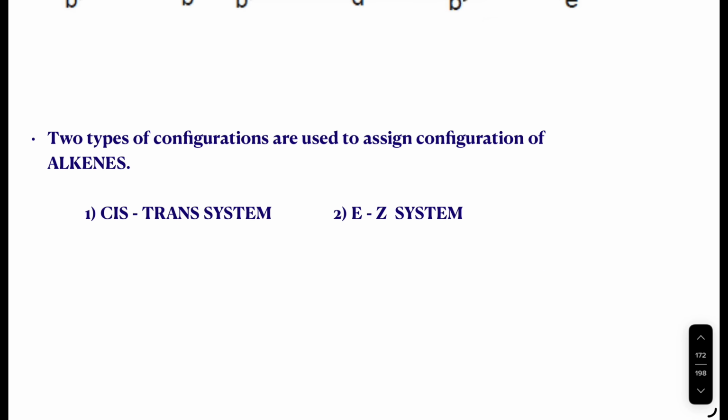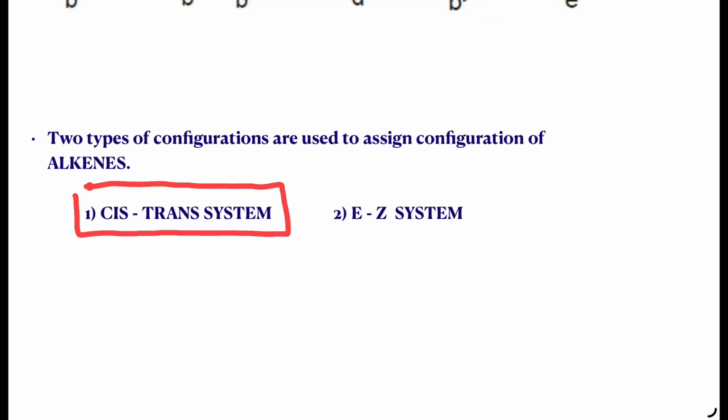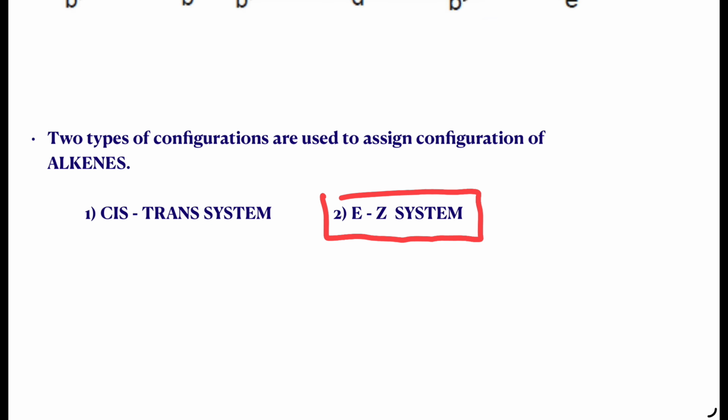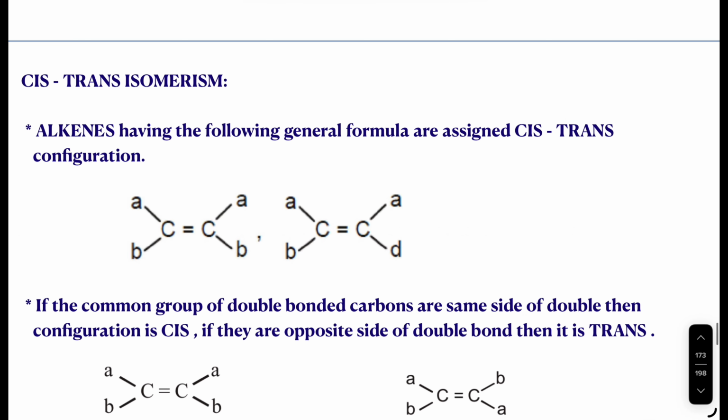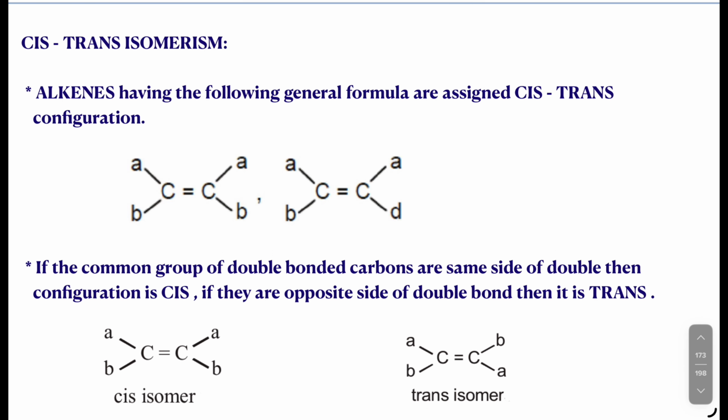To represent geometrical isomers of alkenes, what are the two different configurations we can use? One configuration is the cis-trans system, another one is the E-Z system. First let us take the cis-trans system. In case of a cis-trans system, it is very simple.